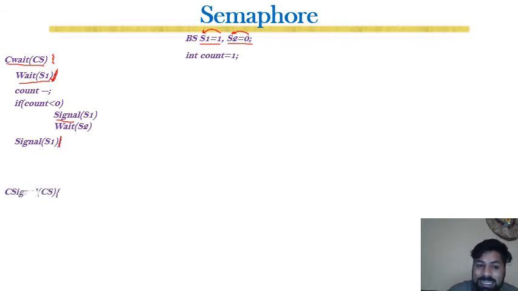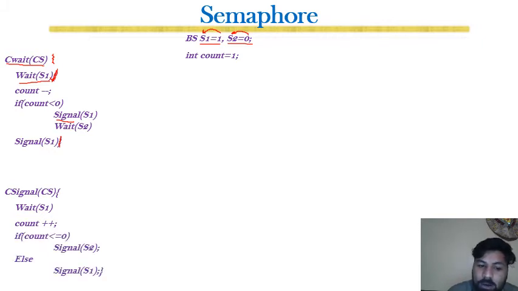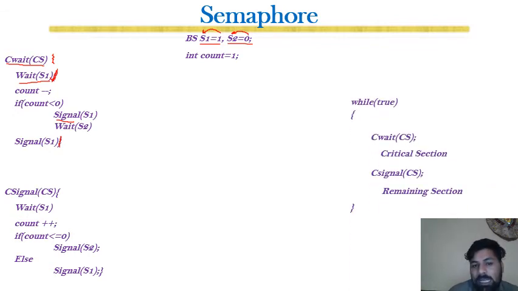Similarly, csignal will be a function. First the wait on S1 will be called, followed by the counter being incremented, and then if the counter is less than or equal to 0, signal on S2, else signal on S1, right? And here is the code showing how a process executes when it enters the system.